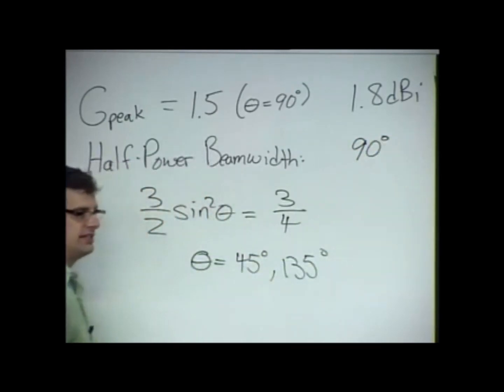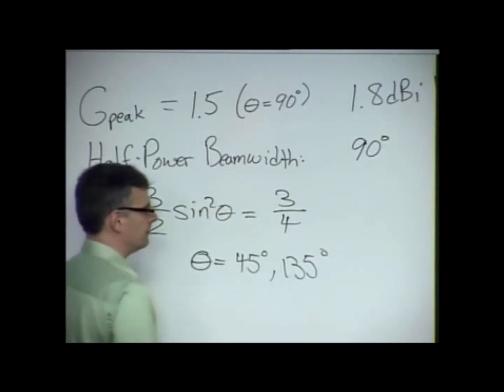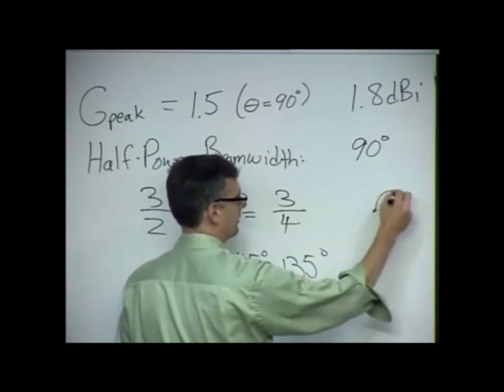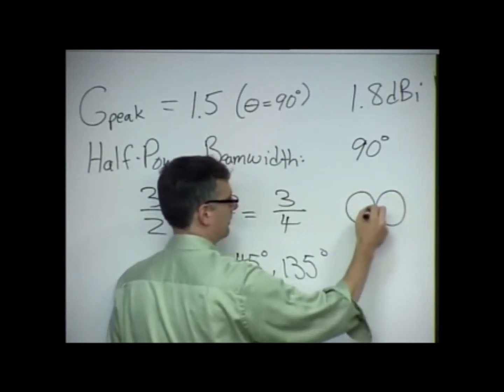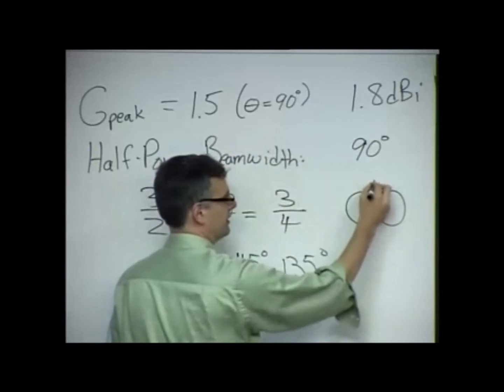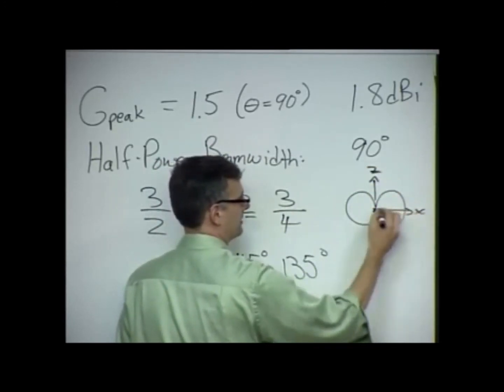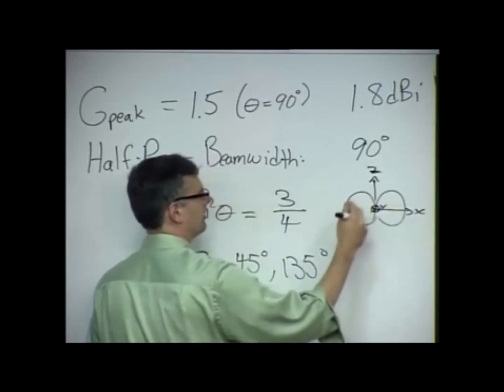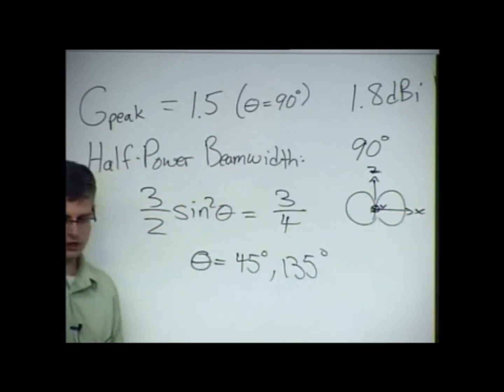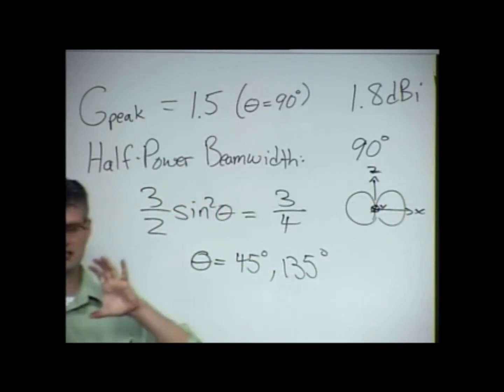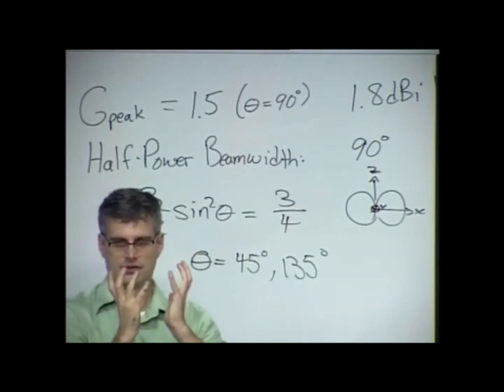If I look at this antenna directivity, and I slice it, so here's Z, and here's X, Y going into the board. This is a 3D radiation pattern, and it makes effectively a donut.